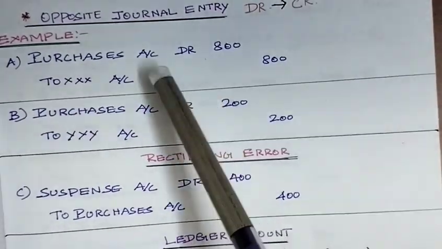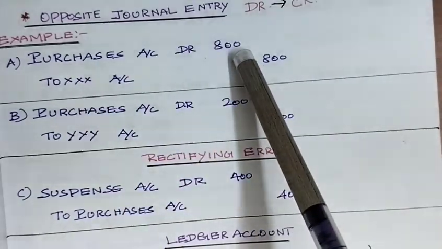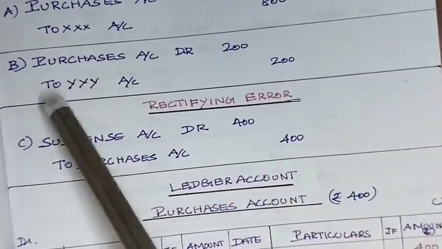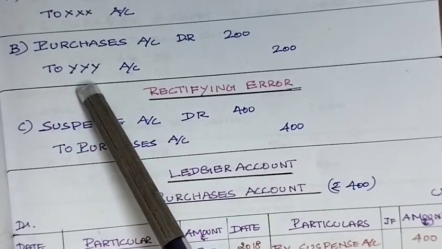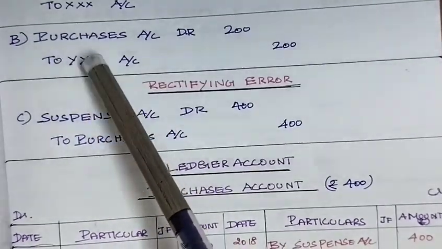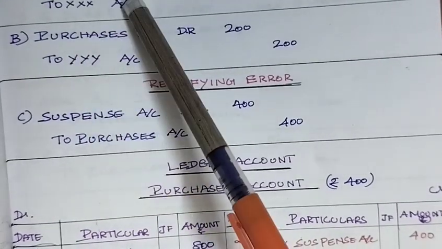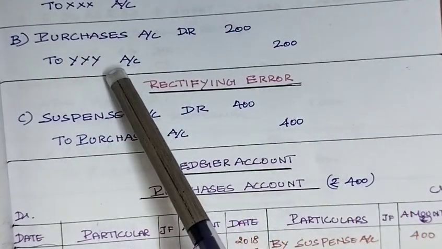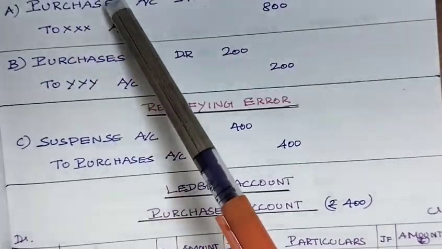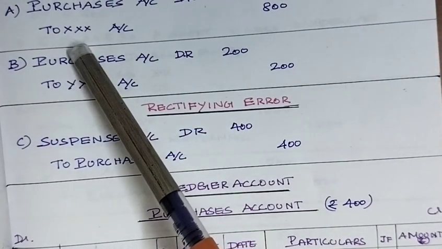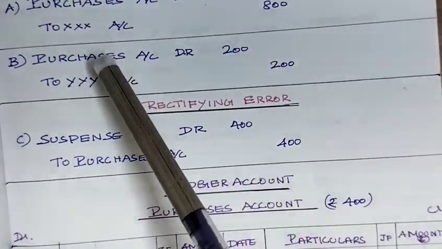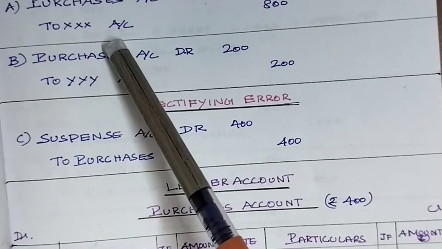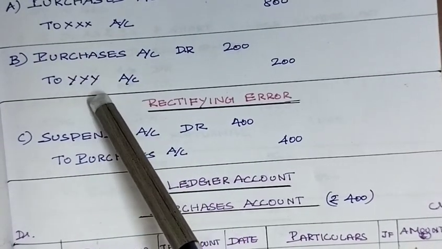Purchases account debtor 800 rupees to XXX account, and purchases account debtor 200 to YYY account. You purchased goods from XXX rupees 800, and you purchased goods from YYY rupees 200.